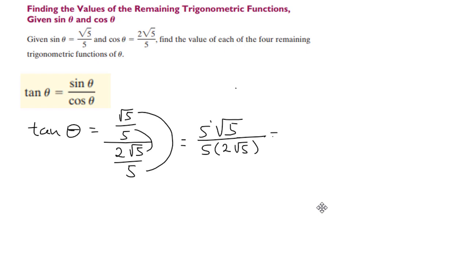Simplifying my expression, I can divide 5 divided by 5 is 1, and square root of 5 divided by square root of 5 is 1, and my final answer is 1 over 2. I can say tangent of theta is equal to 1 over 2.